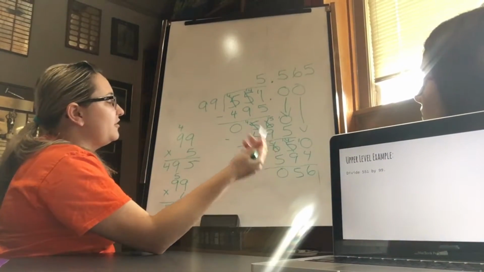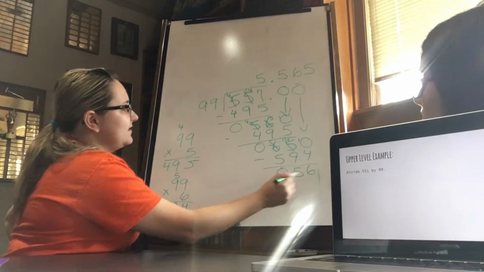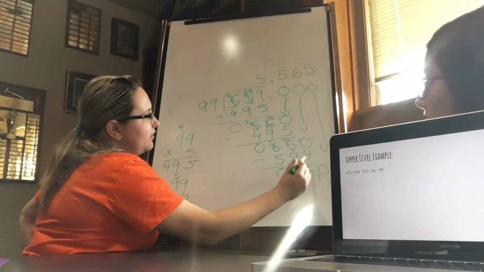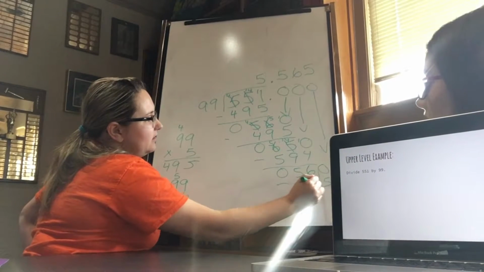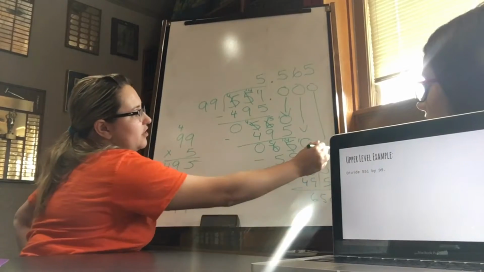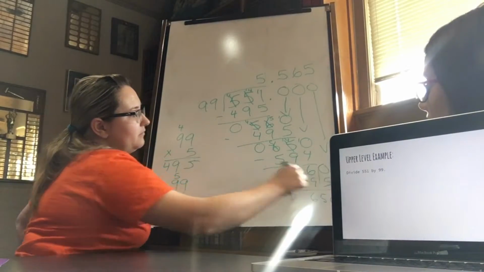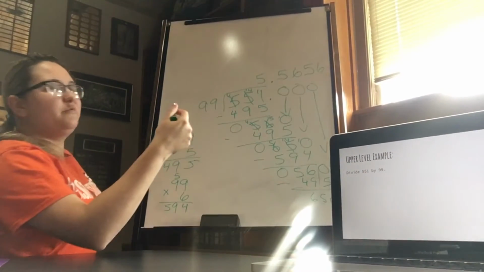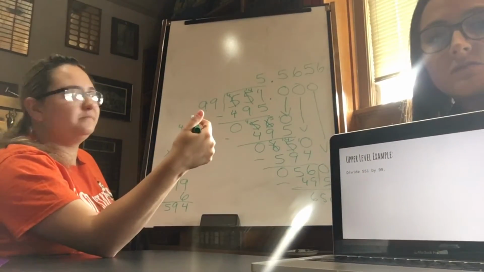And then they're going to bring down another 0, and then they're going to subtract by 495 again, which is going to be 650 after dropping down another 0. So they're going to end up with 5.5656.